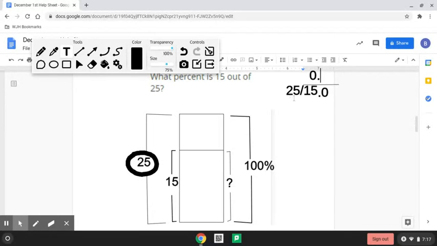If you think 25, 50, 75, 100, 125, 150, it goes in 6 times. We subtract that, we get a remainder of 0, and don't forget, since it went in 6 times, we say 0.6, but that's not our full answer yet, even though we have a remainder of 0.